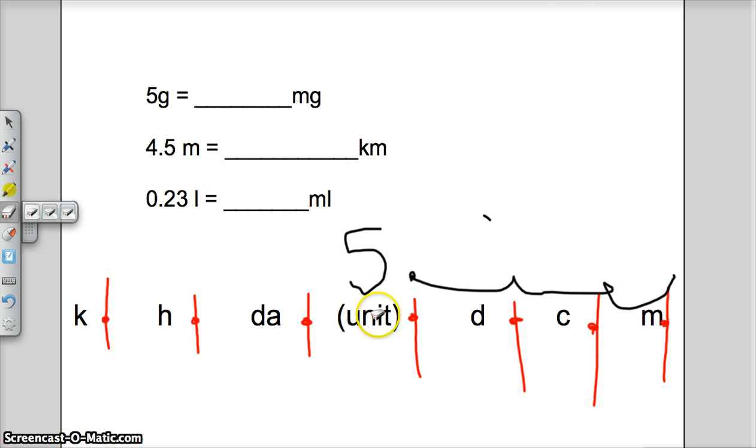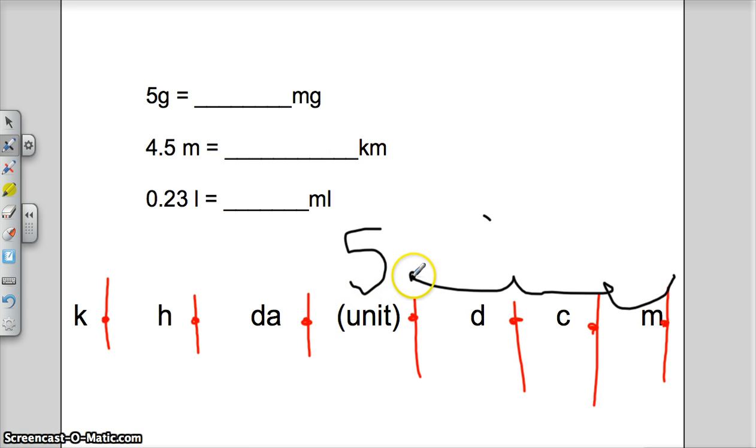Now to use this method right here, after each prefix or each abbreviation of a prefix, I put a decimal place and I line up with whatever one I'm given. So here I have 5 grams. I lined up my decimal place, which would be right after the 5, after the unit that was given, which was grams. So if it's 5 grams, that grams is right here.